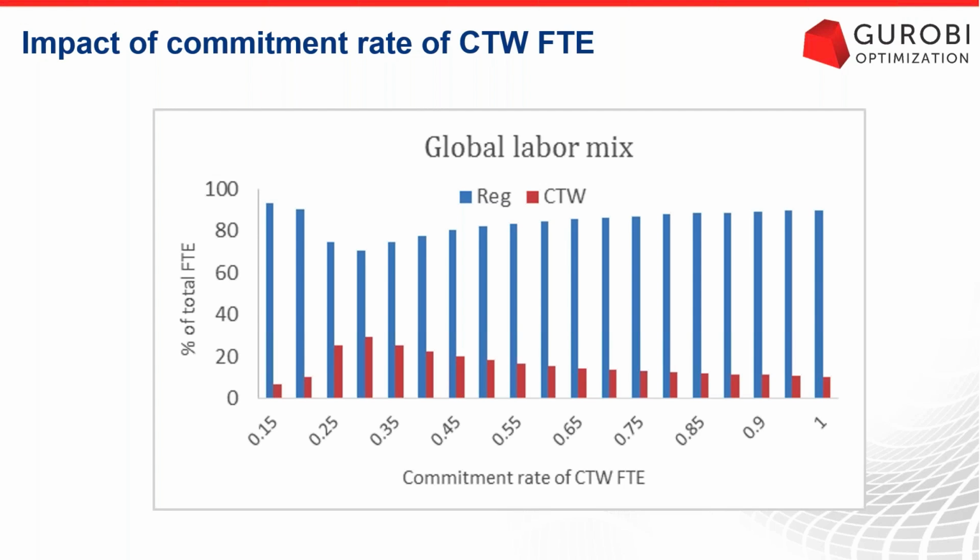That's why you see the utilization of contingent workforce goes up initially, up to the point, in this case, about 30%. Then, as the commitment rate of contingent workforce keeps going up, the utilization of CTW actually goes down, because now CTW becomes so effective that less will be needed to meet the same amount of demand.